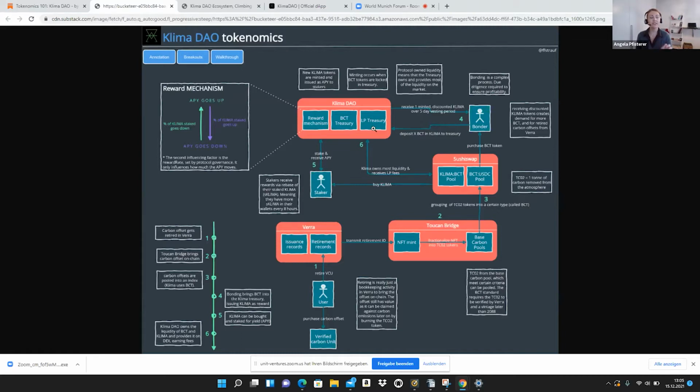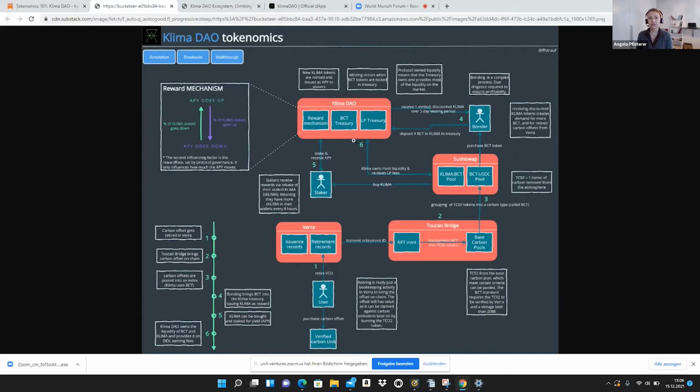One is the BCT USDC liquidity pool token, and the other one is the Klima BCT liquidity pool token. This liquidity pool token is primarily used for KlimaDAO to have their own liquidity. This is the protocol-owned liquidity Klima will take in and log as part of their treasury.